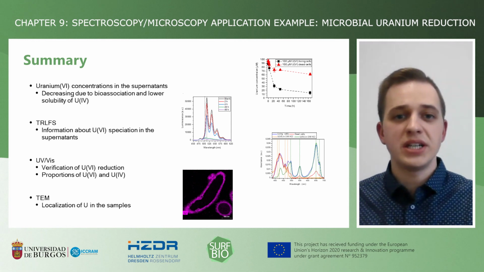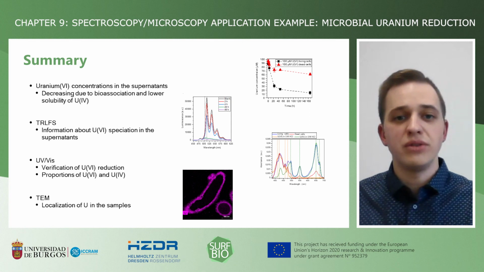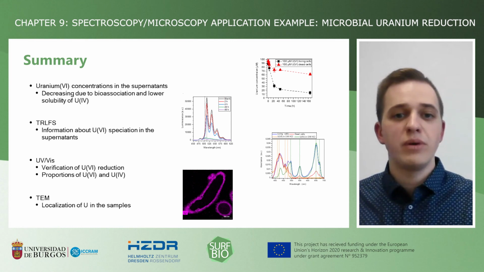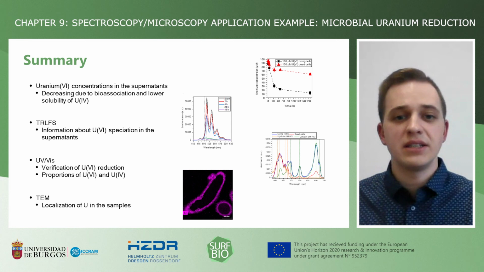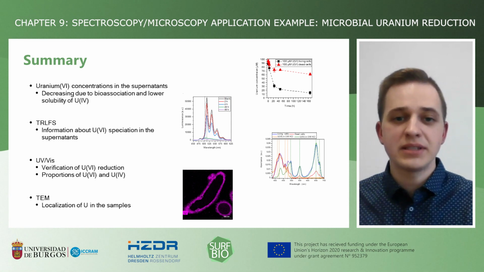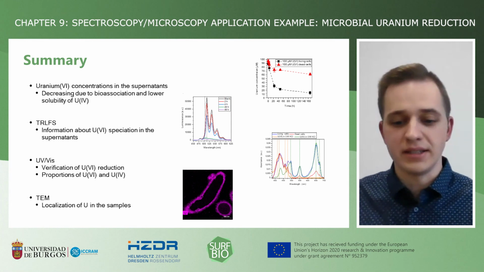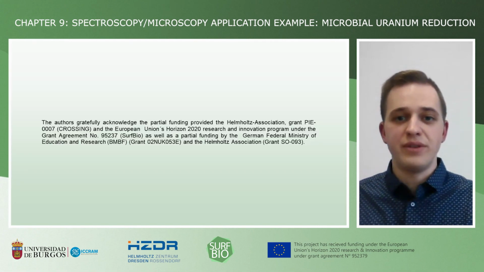We learned about TLFS as a powerful tool to investigate uranium-6 speciation in the supernatants and about UV spectroscopy to verify the presence of uranium-4 in our samples. Finally, we were talking about transmission electron microscopy to localize uranium in the samples if this microscopic method is coupled with EDX analysis. This brings me already to the end of this video.